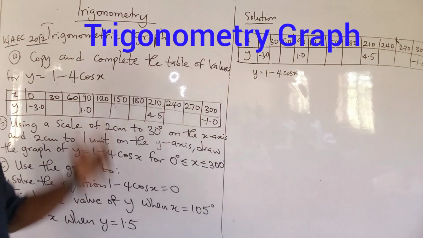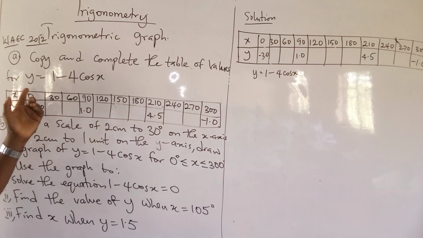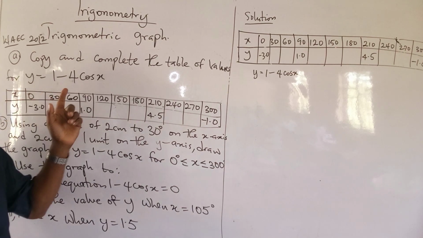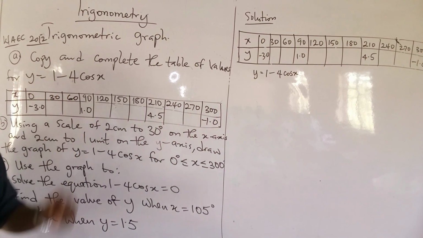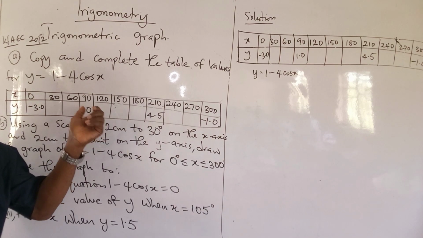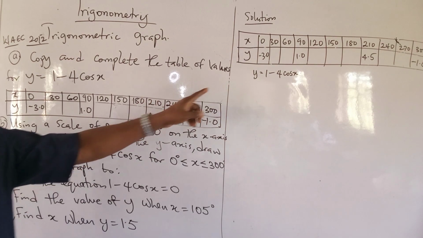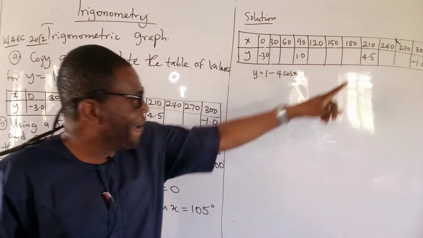We are dealing with the trigonometric graph, and the function here is y equals 1 minus 4 cos x. That is the function we are going to use to find the values of y.